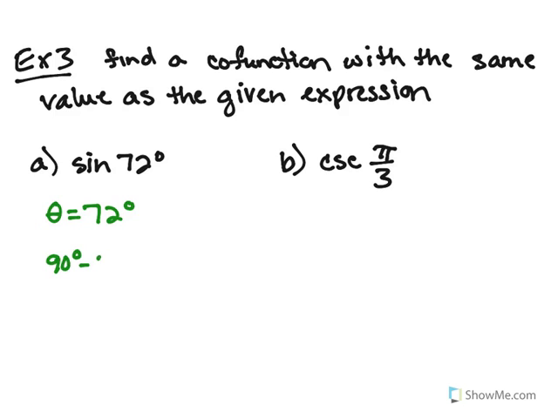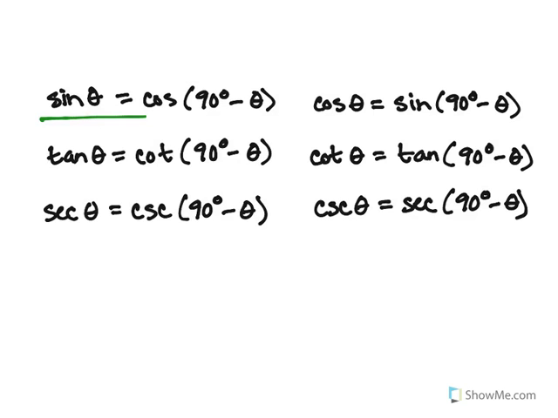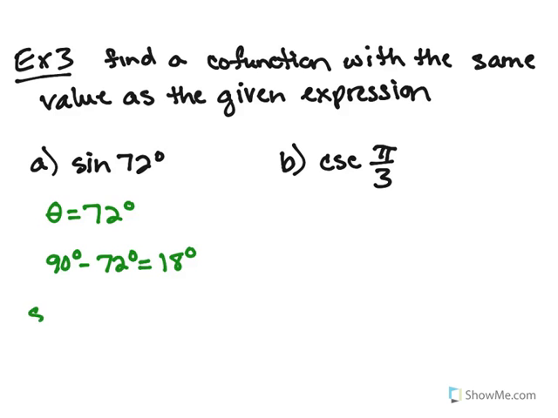Then 90 minus 72 is 18 degrees. So using this relationship right here, 90 minus theta is my 18 degrees. Cosine's the cofunction that goes with sine. So we would say sine of 72 degrees is equal to cosine of 18 degrees.